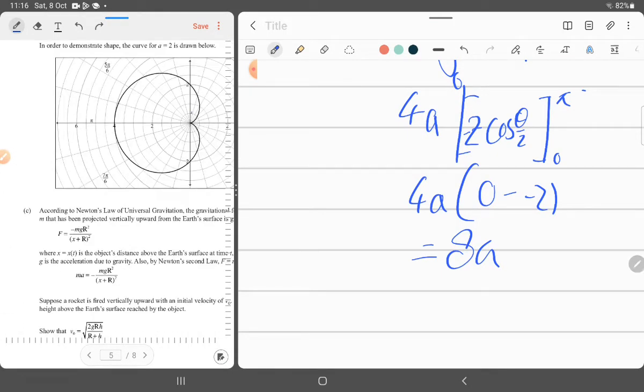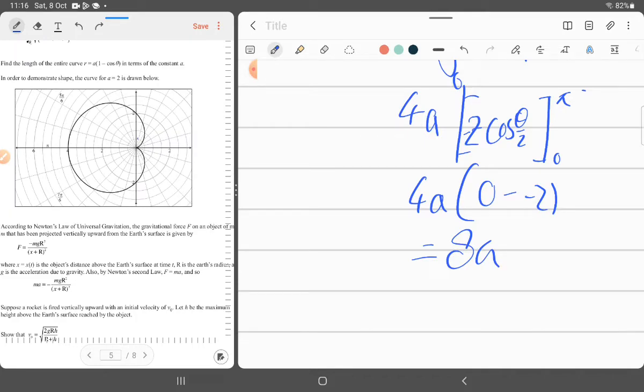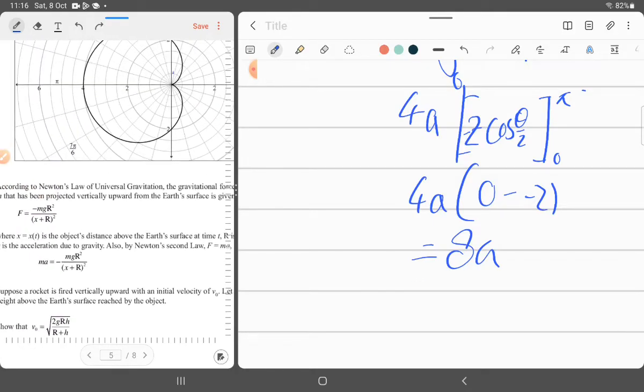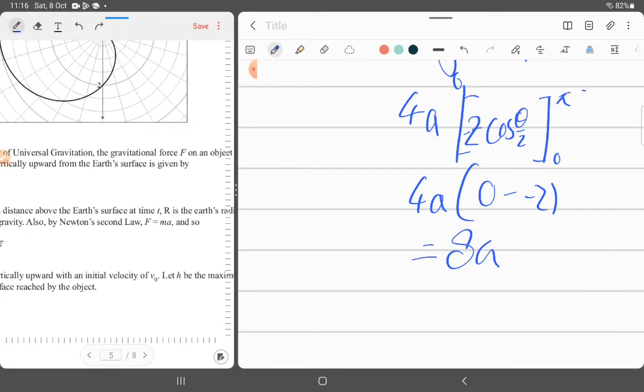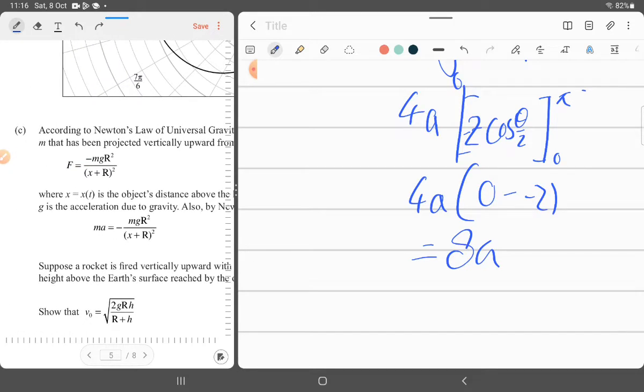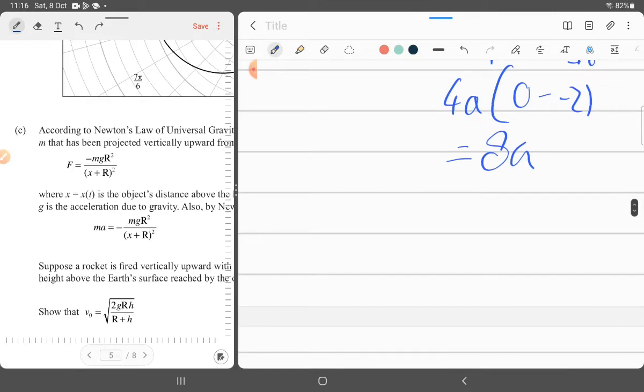According to Newton's law of gravitation, the gravitational force for an object, F, can be replaced by ma.